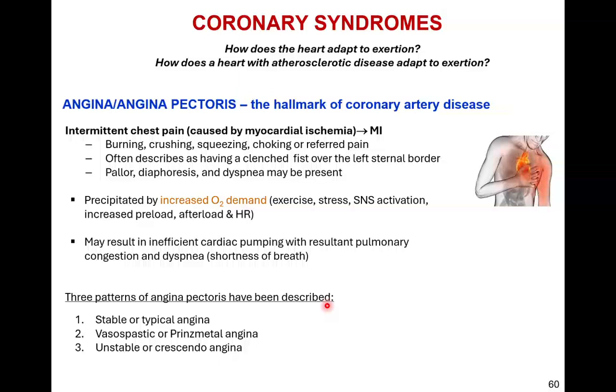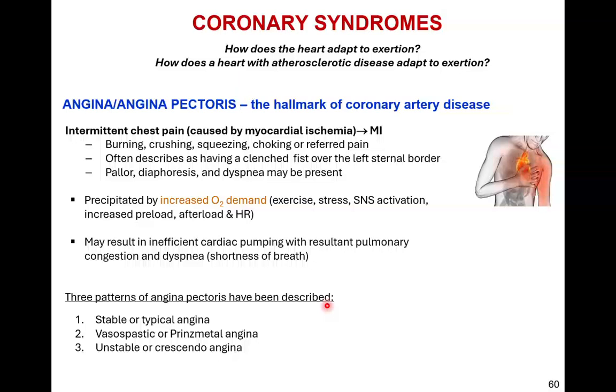in discussing these syndromes, how the heart adapts to exertion. If it's a healthy heart, it just increases blood flow. Blood flow to the heart just increases because it pumps harder, it pumps faster, it dilates its blood vessels. But what happens when someone has atherosclerosis and they undergo some sort of exertion?